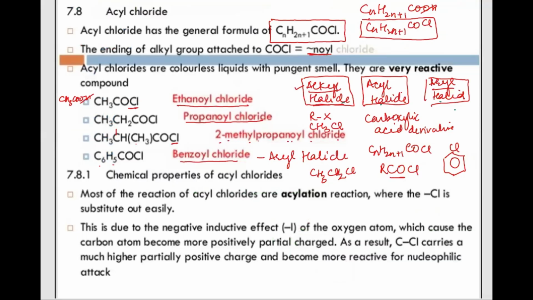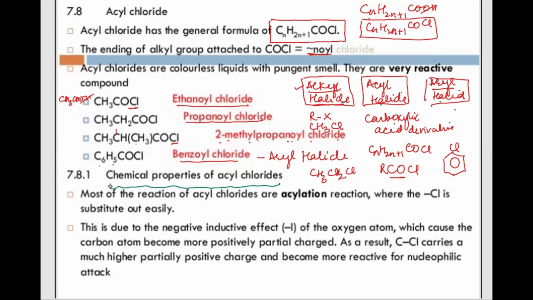Now moving on to the chemical properties of your acyl chlorides. As we have already studied, they are far, far more reactive than your carboxylic acid, and they can easily get hydrolyzed.